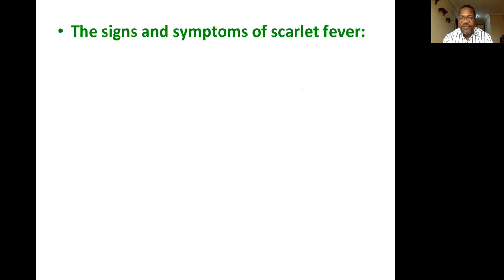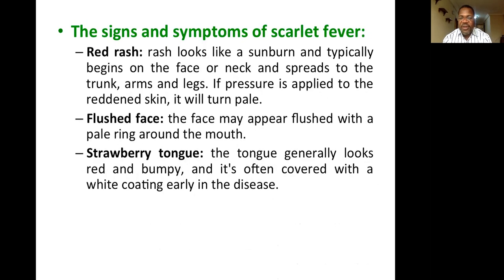I also say that scarlet fever is associated with those strains of streptococci that are causing pharyngitis. To make the diagnosis of scarlet fever, you mainly need 3 things. The patient will present with a red rash. The rash looks like a sunburn, and it starts on the face and the neck and goes down the trunk, the arms, and the legs.